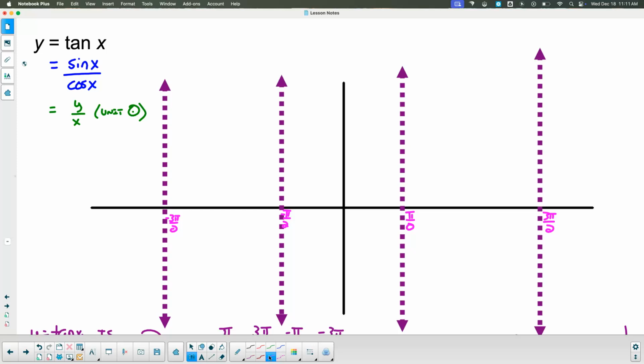What would another value of tangent be that we could very easily find? Where tangent is 1? Okay. We could very easily find where tangent is 1.